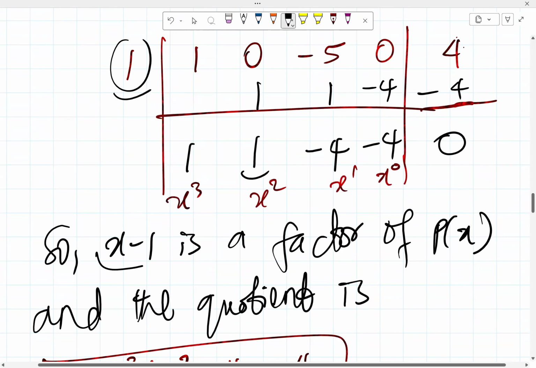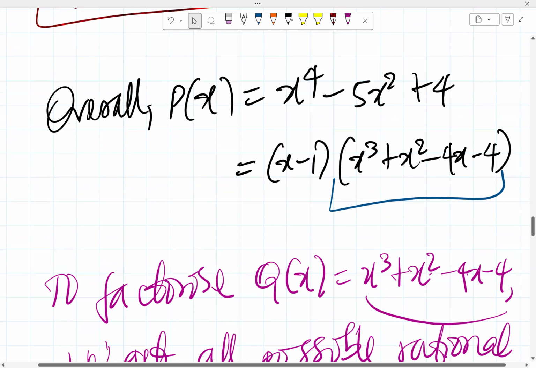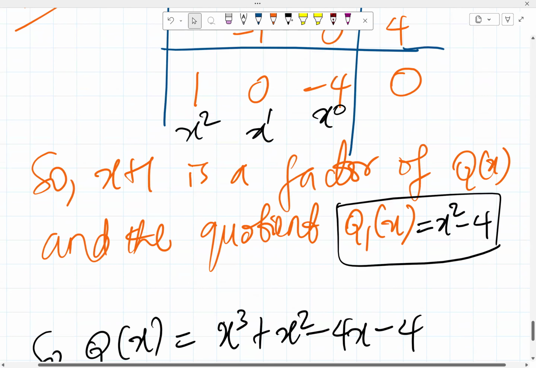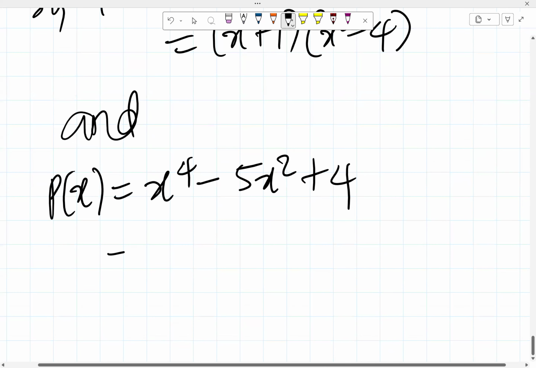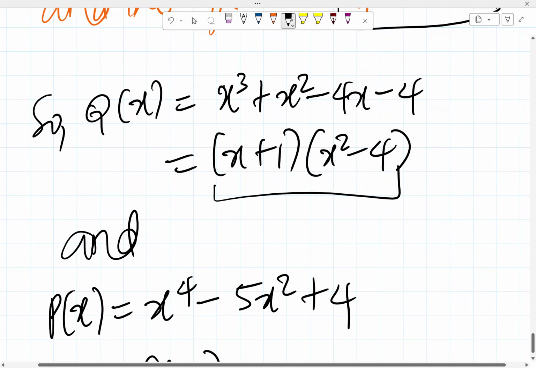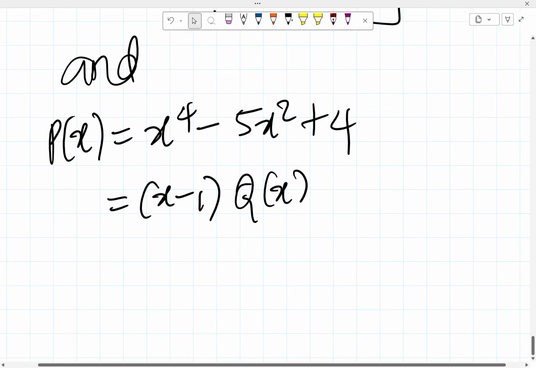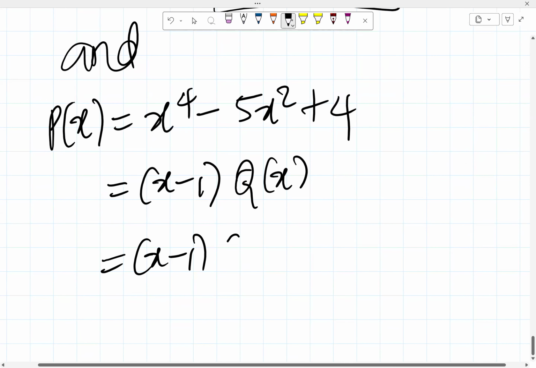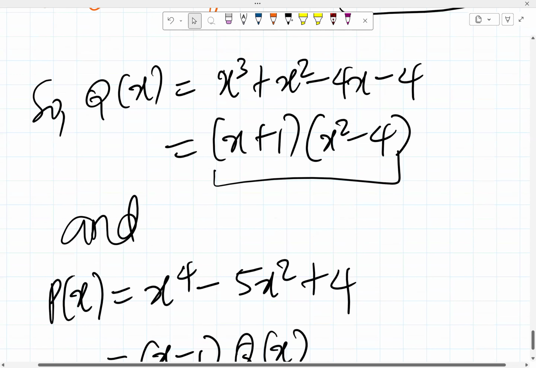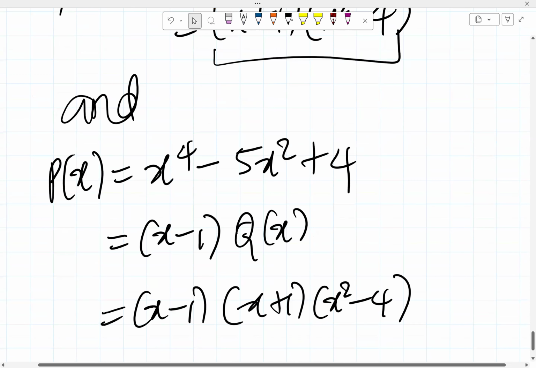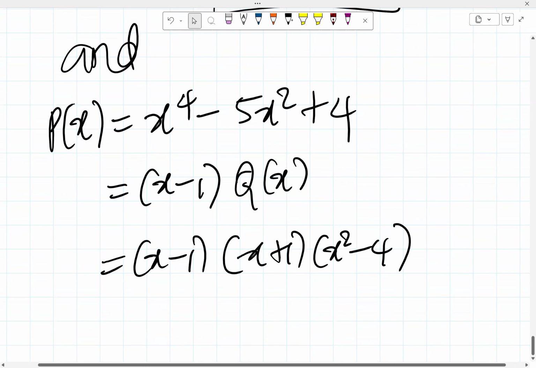So we have x minus 1 into q of x, and q of x has been factored into x plus 1 into x squared minus 4. So x minus 1, x plus 1 into x squared minus 4.